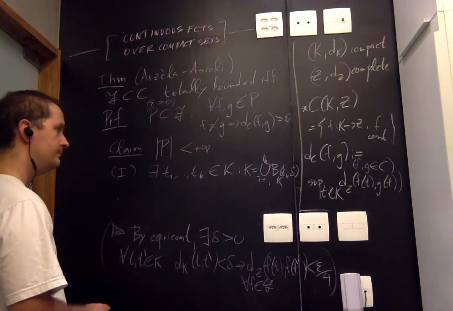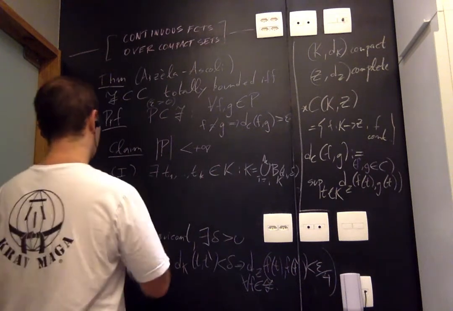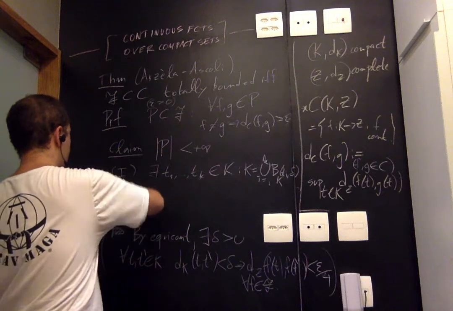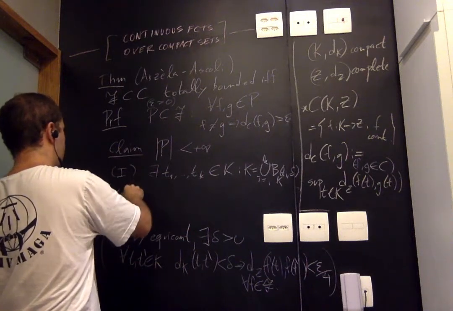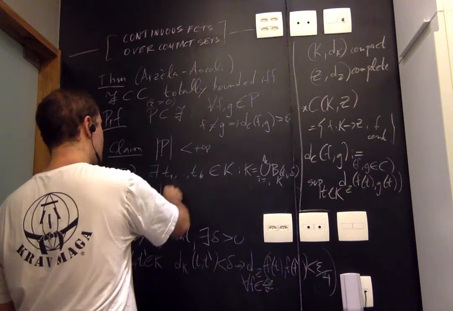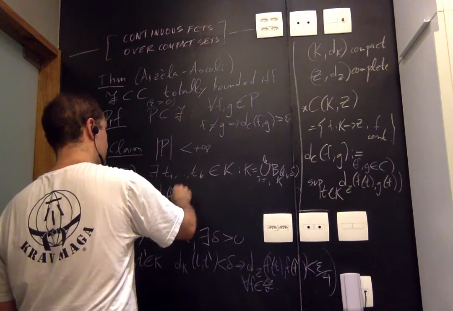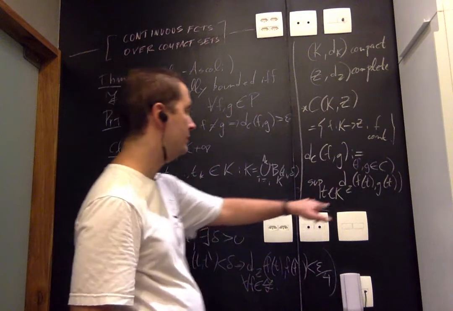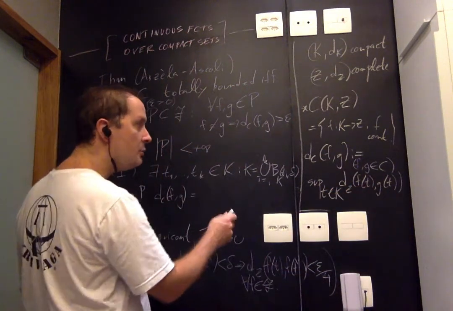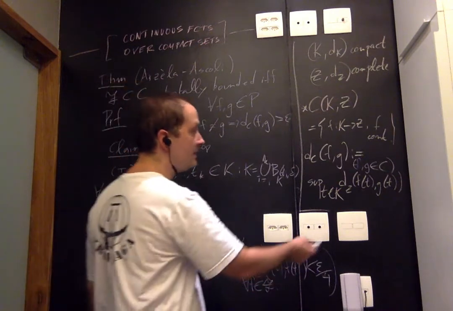And now, if I take f and g distinct in my packing, I know that the distance between them, well, the distance is a sup, right? But the sup is achieved somewhere because we proved that this is a continuous function.